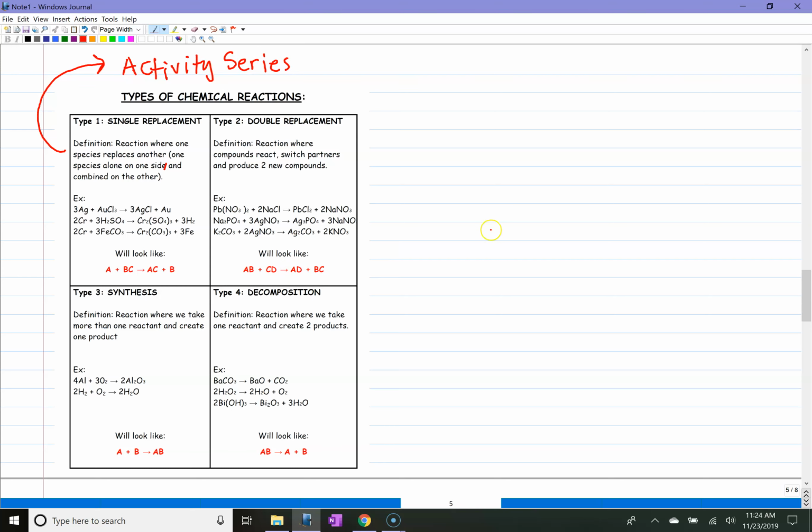And the way this chart works is, in the first example, I have silver plus gold 3 chloride. I'm going to look at the single element. The single element is a metal. So I'm going to find the metal in the compound. This is going to be gold.